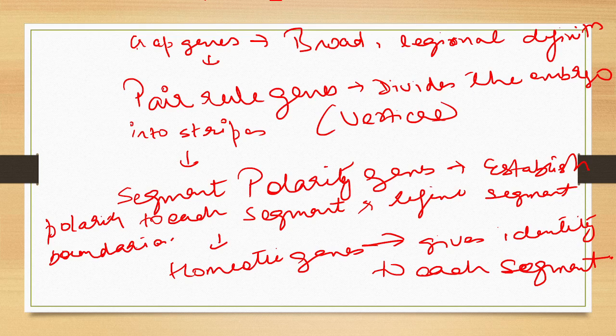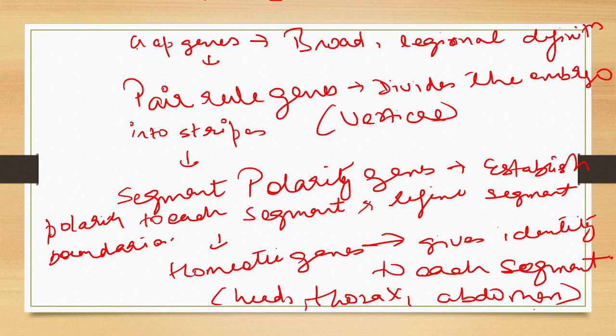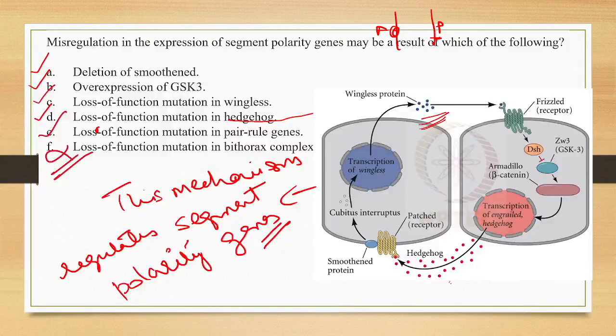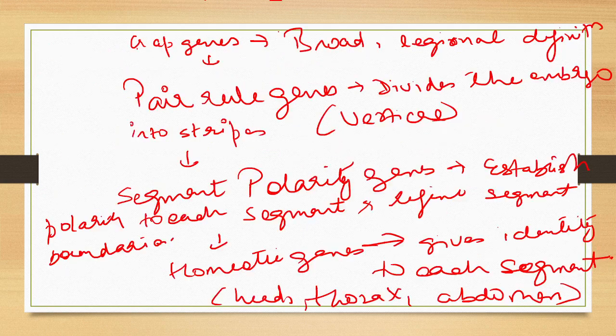Identity means whether that particular segment will be converted into a head or thorax or abdomen. So this is the hierarchical classification. That is why we said that loss of function mutation in bithorax will not affect segment polarity genes, because bithorax are the homeotic genes.